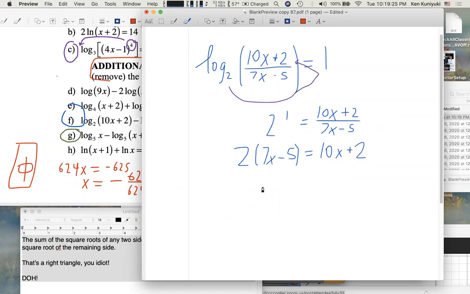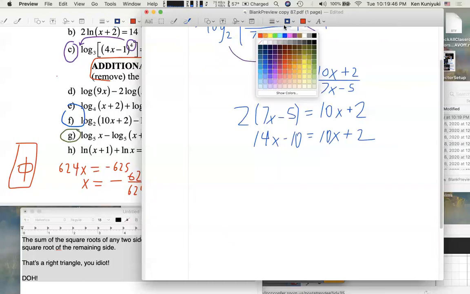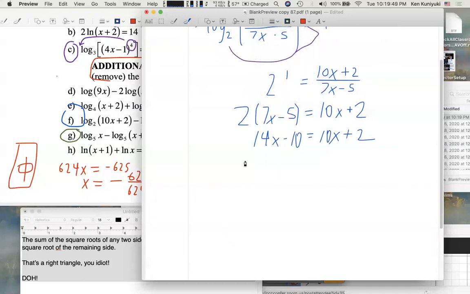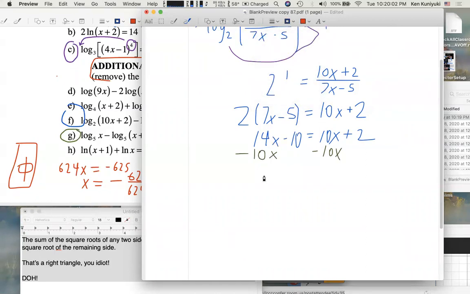You said you got a sign flip somewhere. You probably made some sort of mechanical error. Distribute: 14x minus 10. It's good to have a second pair of eyes to see where you did it, although I wouldn't be surprised if I made the same mistake. 10x plus 2. All right, and then what? Subtract 10x from both sides. 14x minus 10x is 4x.